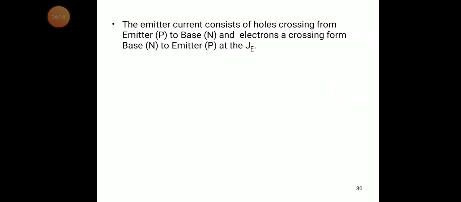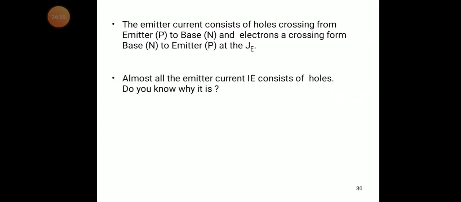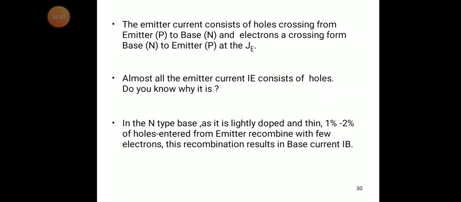The emitter current consists of holes crossing from emitter P to base N and electrons crossing from base to emitter at junction E. Almost all the emitter current IE consists of holes. Do you know why it is?